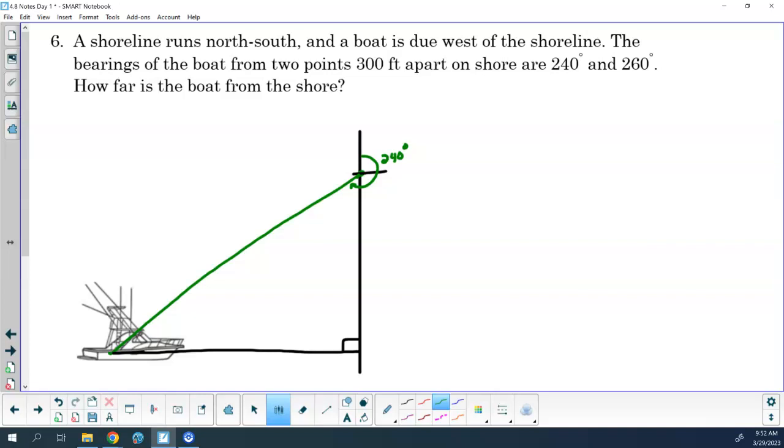And so now the second point, the 260 degree point, is it going to be above that point or below that point? Below? Why below? Yep, exactly. The angle's bigger, so that means that it's got to be below.